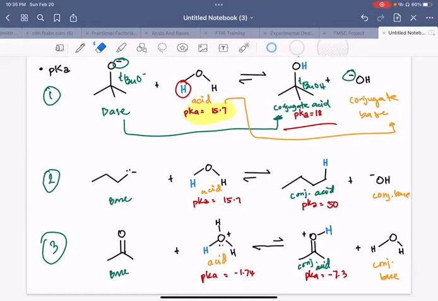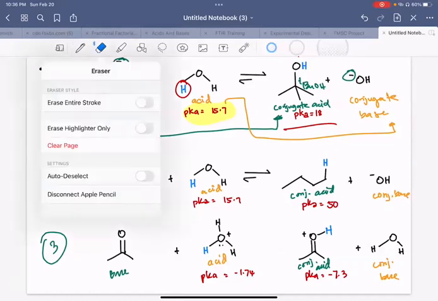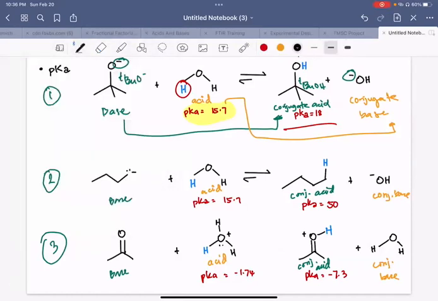No, not towards the left. Sorry, the arrow that I drew is incorrect. Sorry, it's actually correct. The equilibrium arrow is towards the left because minus 7.3 is even lower than minus 1.74.